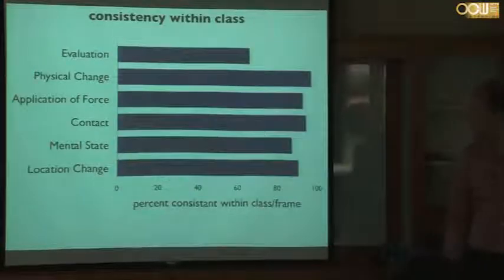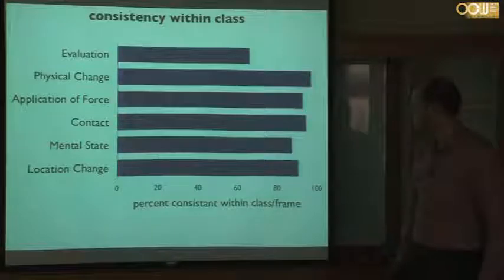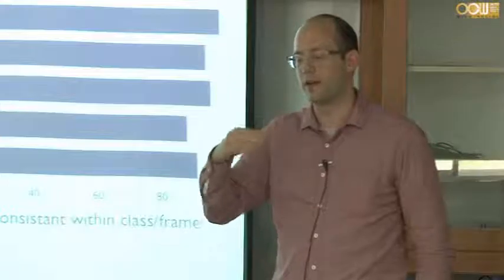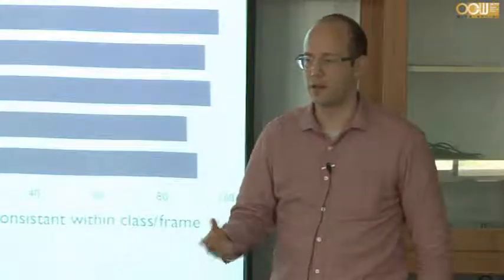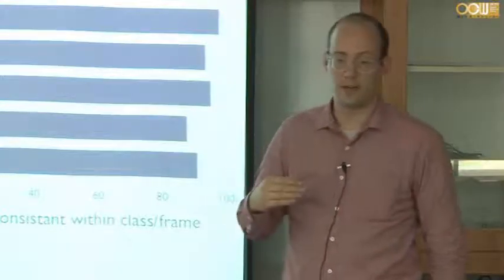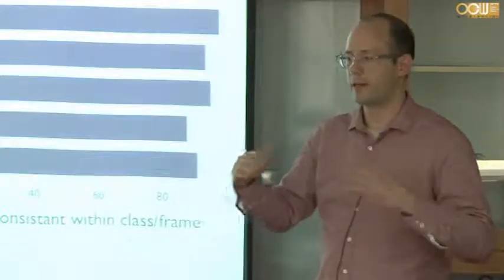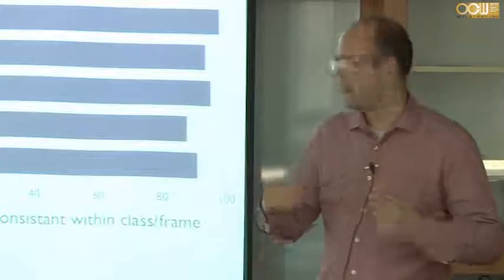So you can ask about consistency within class and frame. Remember I told you that a verb class has different frames. Sometimes, like in the locative alternation, the different frames will mean something slightly different. But if you look at all the verbs in a class in a particular frame, how often do we get the exact same answer?